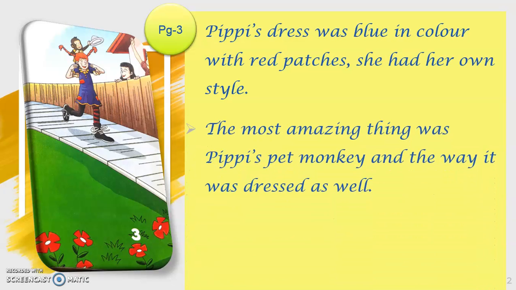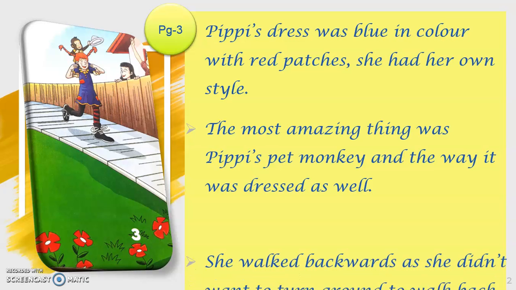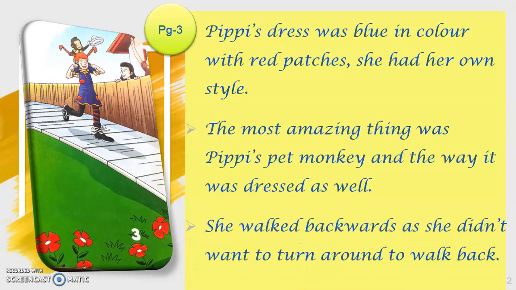So the most amazing thing about her was her pet monkey and the way it was dressed as well. To add to all of this, she walked backward and she didn't want to turn around to walk back. And she was very confident about whatever she was doing.